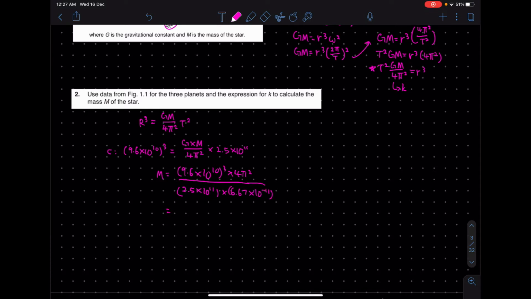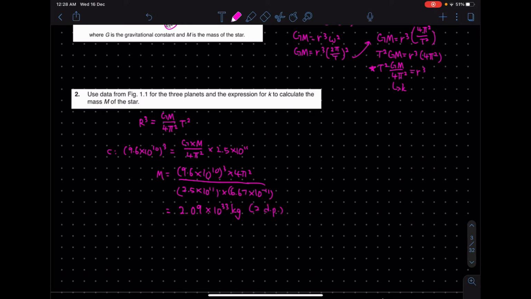So this should give us a value of, 4 pi squared, 2.5 times 10 to the power of 11, 6.67 times 10 to the power of negative 11. Okay, this should give us a value of 2.09 times 10 to the power of 33 kilograms at 2 decimal places.